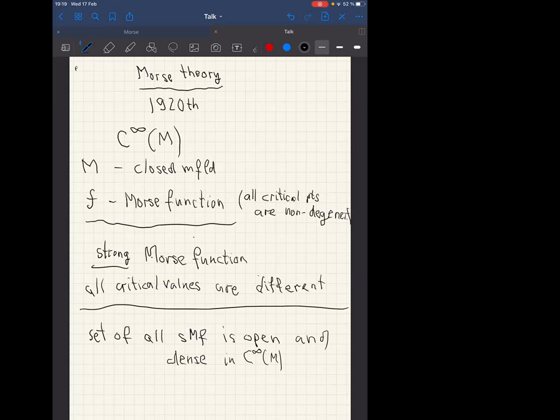And really, I will suppose that the function is strong Morse. It means that all critical values are different. Really, it was the initial setting of Morse. And I just add that all Morse functions form an open and dense set in the space of all smooth functions.